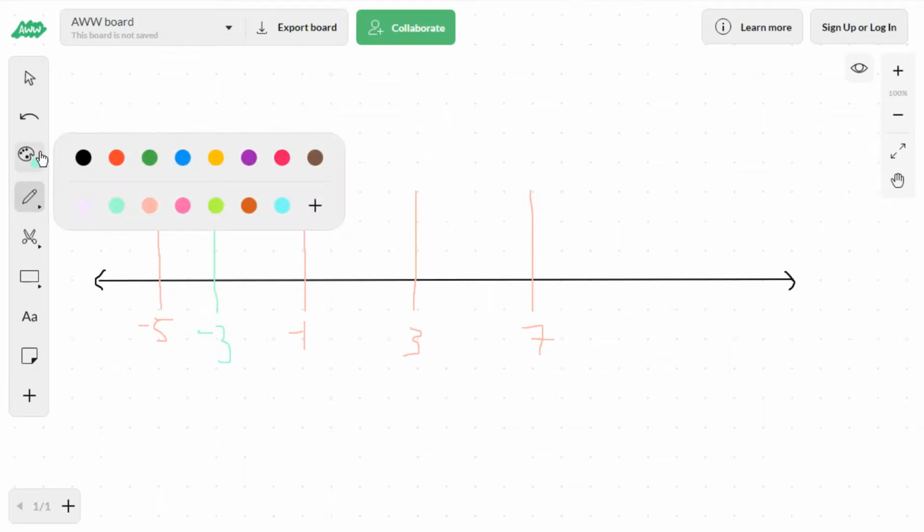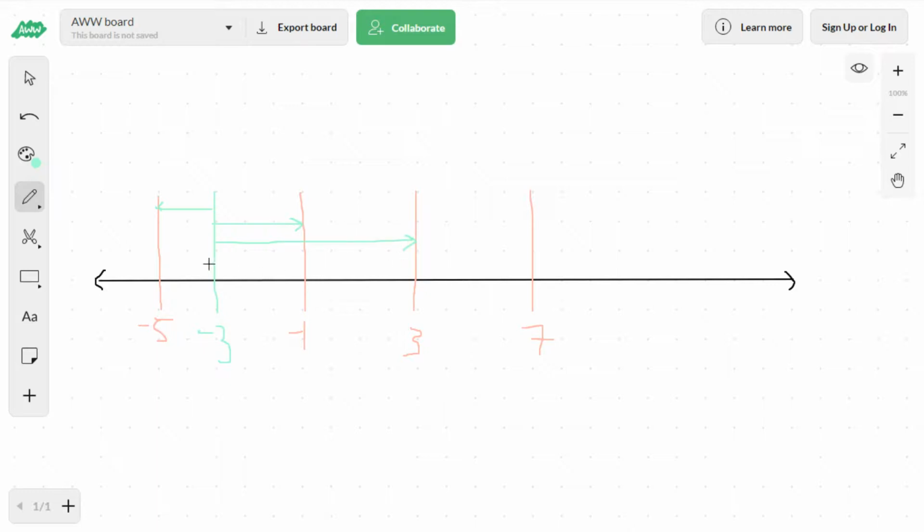And we are looking at the absolute distance. So maybe I'll just stick with this color for now. Absolute distance is how many units away these ones are, and then also how many units away these are. I know there's a line tool, but I feel I should be able to do better than that by hand. Okay, there we go, and this distance.